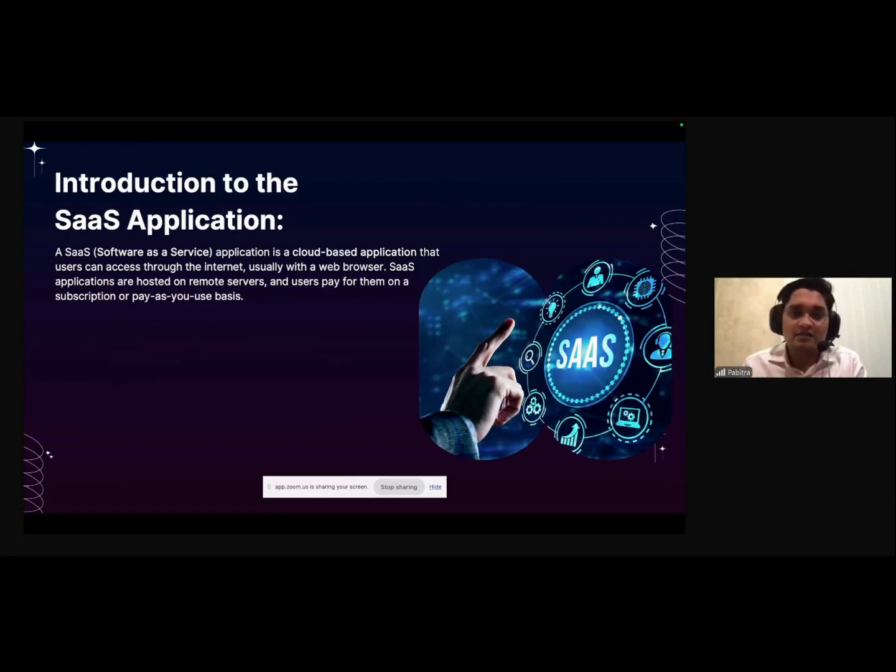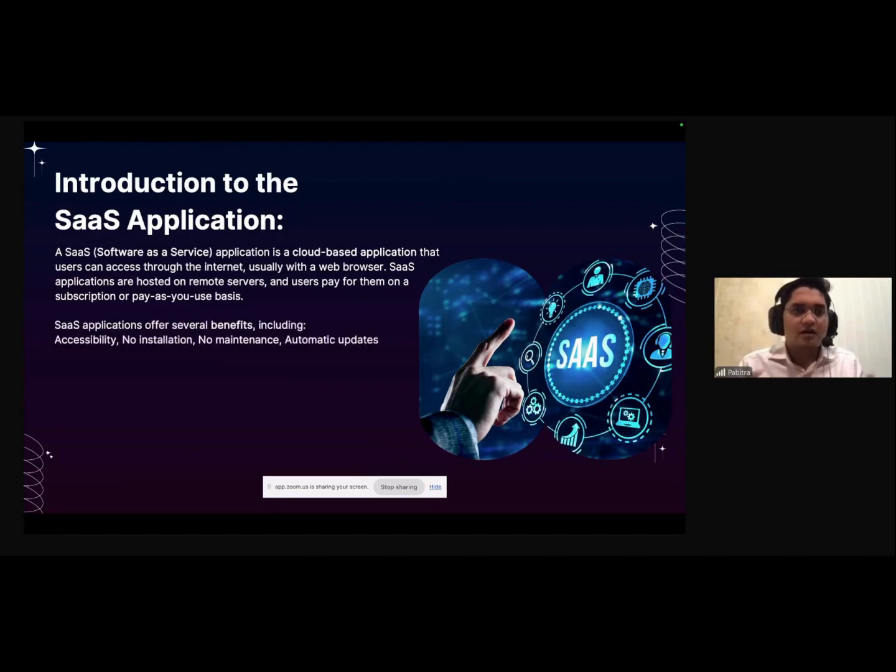A SaaS application doesn't need any installation. You just open the browser, just like the Zoom call that we have joined today. It is a SaaS, just like the email that we use. Users may use it on a subscription or pay-as-you-go basis.